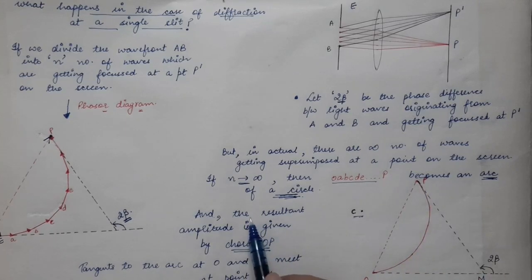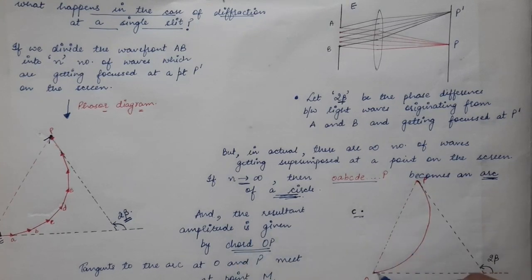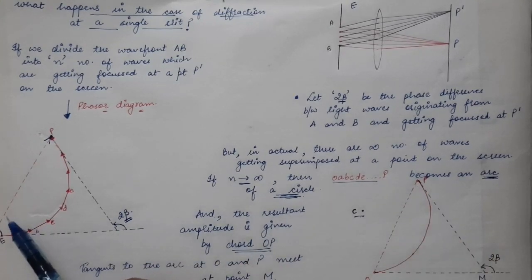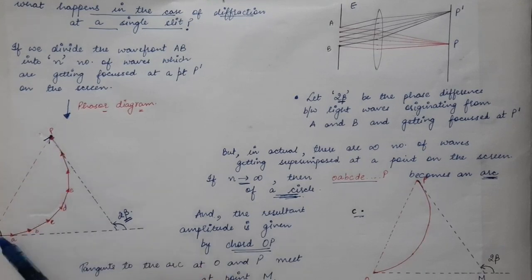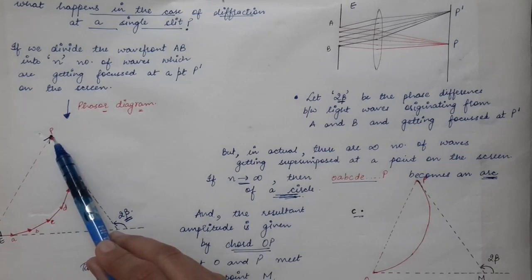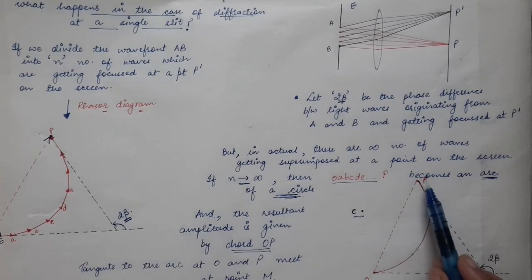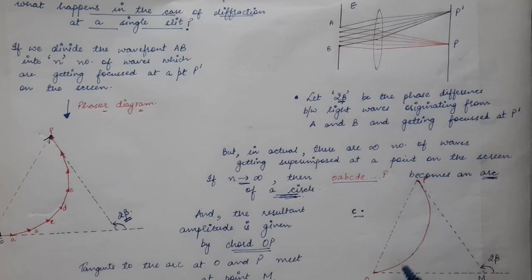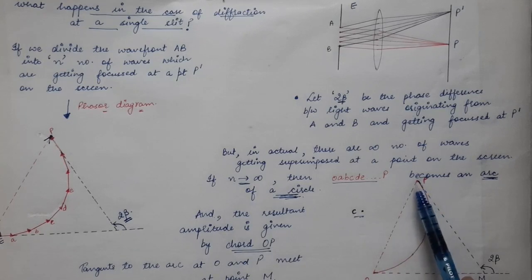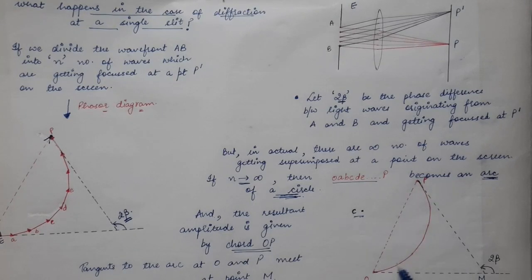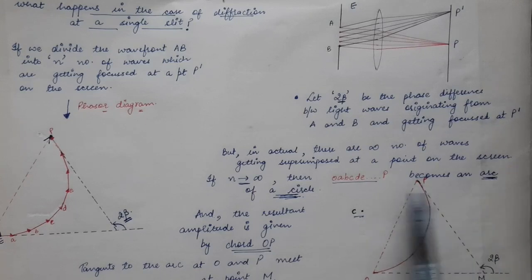Now the amplitude of the resultant wave will be given by this. In this particular case, the length of this OP vector gave us the amplitude of the resultant wave. Similarly, in this case, OP will be the chord of the circle, because when n tends to infinity, this curved length has become an arc of a circle.